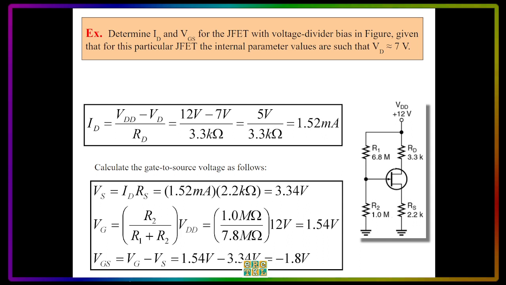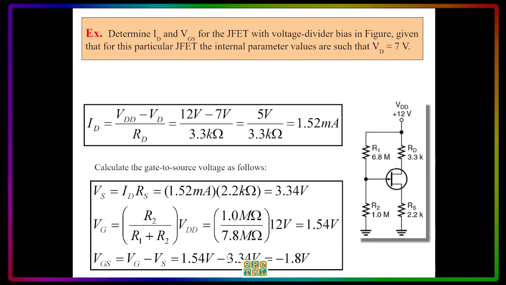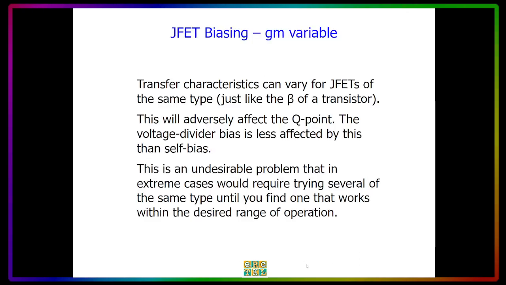For VGS, we just subtract VG minus VS, and we will be getting 1.54 volts minus 3.34 volts. Therefore, if your VG is wrong and your VS is wrong, then your VGS will also be wrong. It's like a domino effect. So the answer for VGS is negative 1.8 volts.